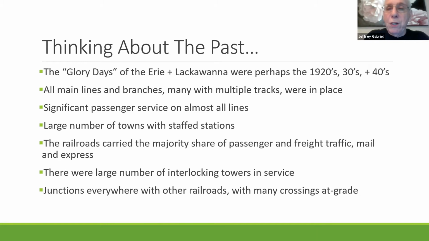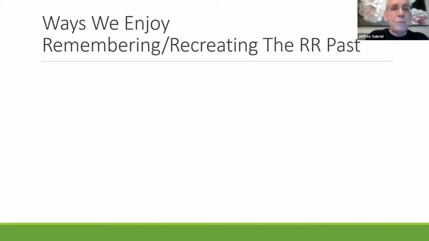Railroads carried the majority share of passenger and freight traffic, mail and express. There were a large number of interlocking towers in service, and there were junctions everywhere with other railroads, with many crossings at grade.